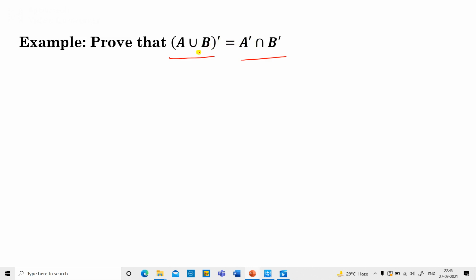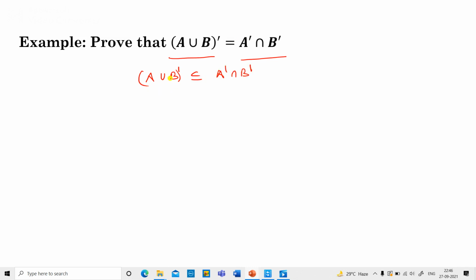And how can we say the two sets are equal? It means we have to show that the number of elements in this set is equal to the number of elements in this set, and both sets have the same elements. So how can we show this? We can show that (A union B)' is a subset of A' intersection B'.